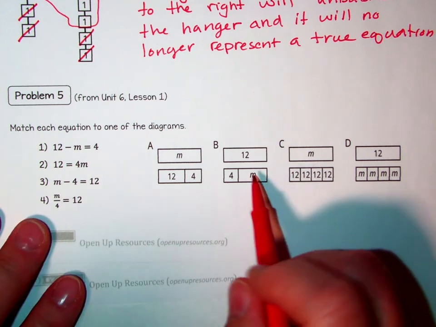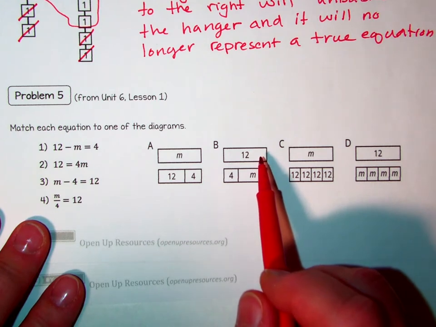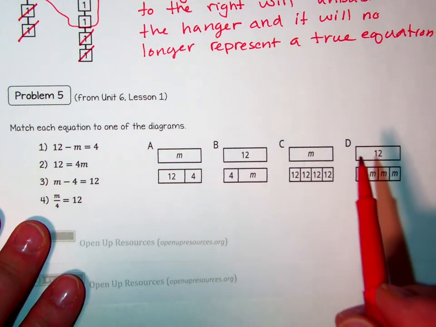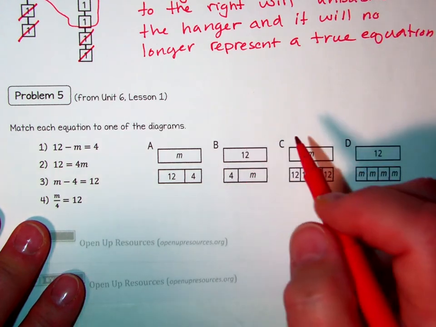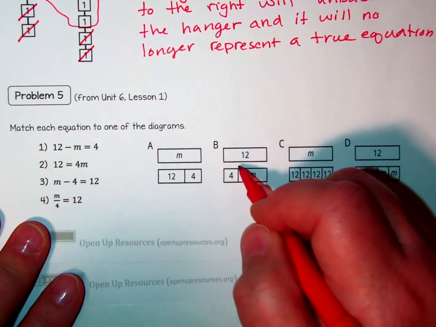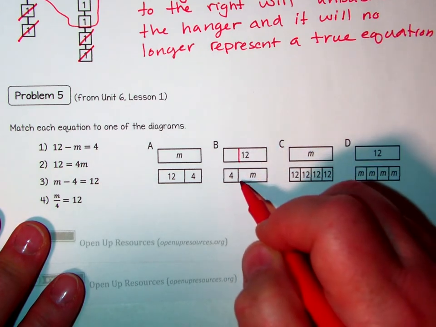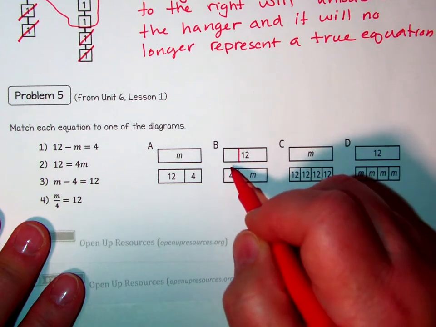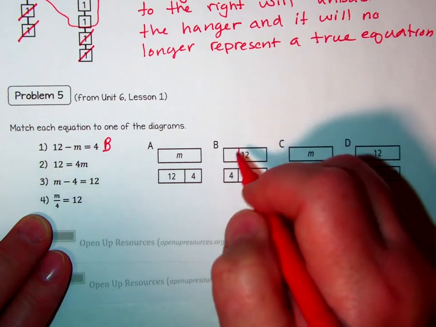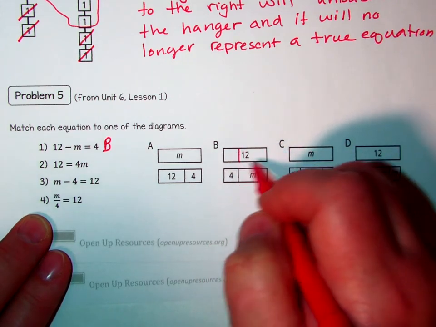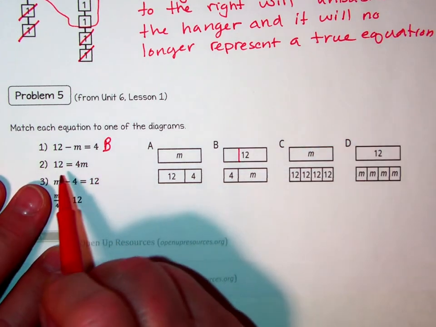That kind of looks like this one to me, because if I have 12, and the top is equal to the bottom, and I take away m from that 12, I'm left with 4. So I believe that is equation B. So 12, take away this m equals 4.